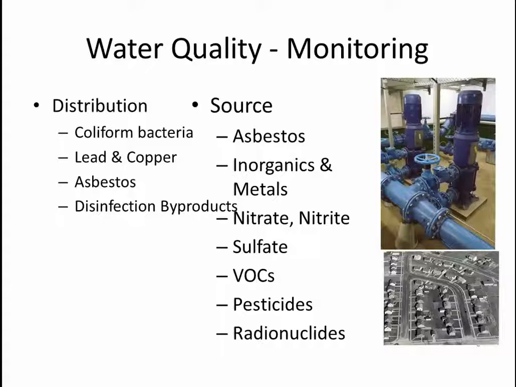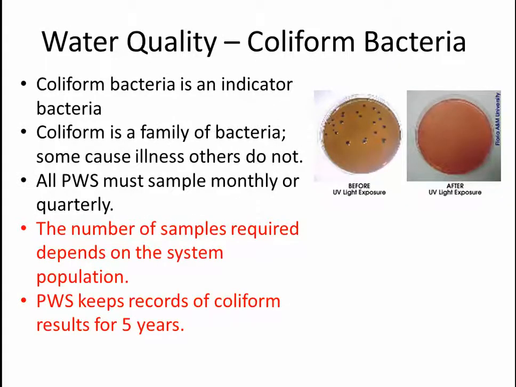The list on the right-hand side under source, these lists from asbestos through radionuclides, these are required to be taken at the source before the water serves any customers. So as we go through this presentation, we're going to go through these distribution sampling requirements first, and then we'll go through the source ones. So let's do coliform bacteria.